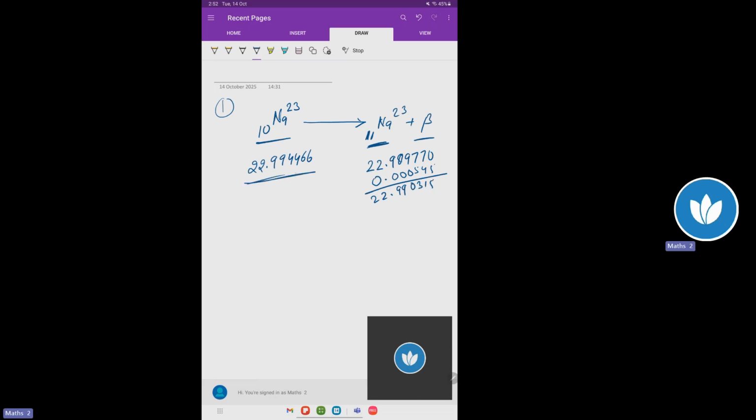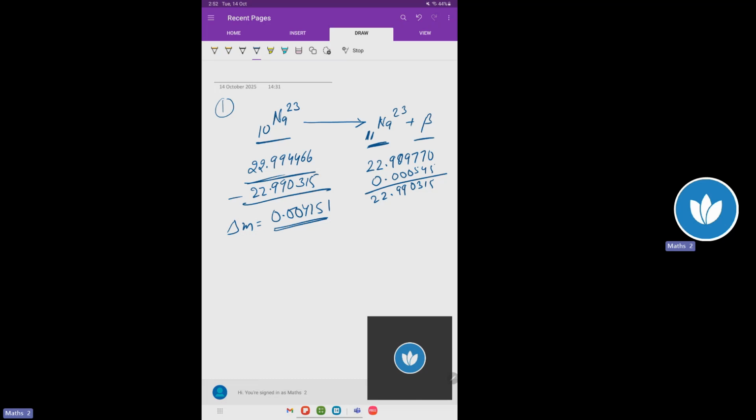Now mass defect delta M is this minus this, 22.990315, is equal to 0.004151. This is delta M.